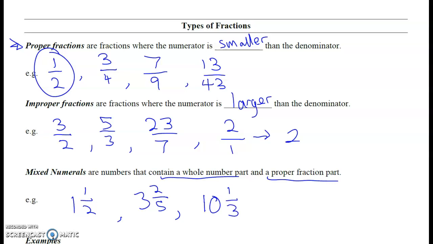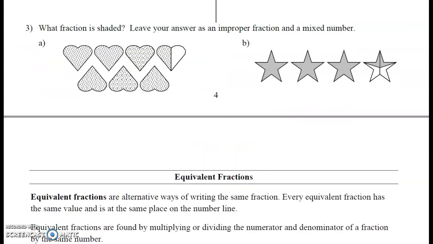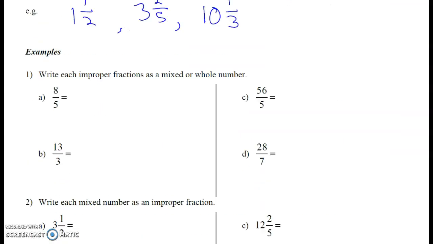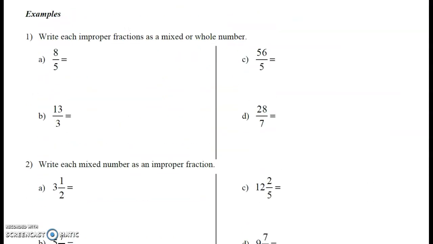All right, let's look at some examples now. Write each improper fraction as a mixed or whole number. So 8/5, how do we turn that into a mixed or whole number?